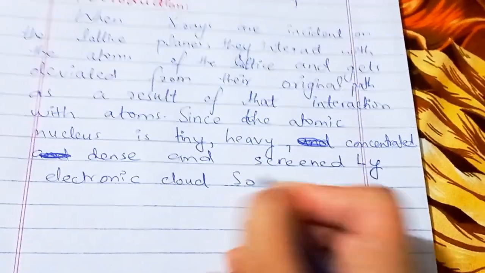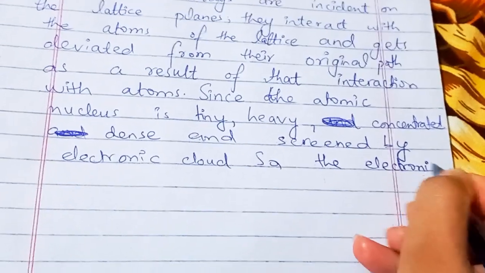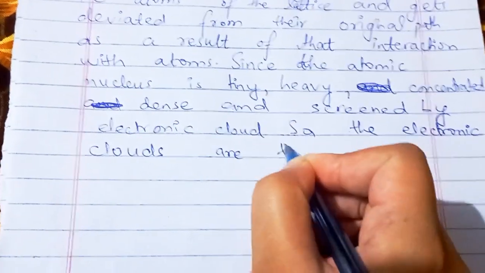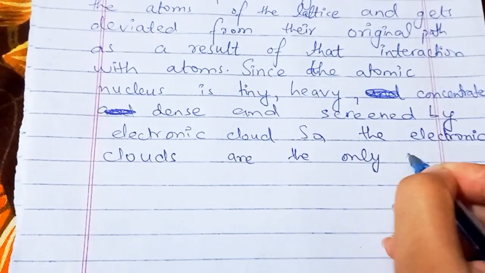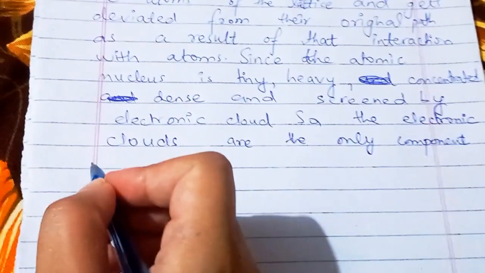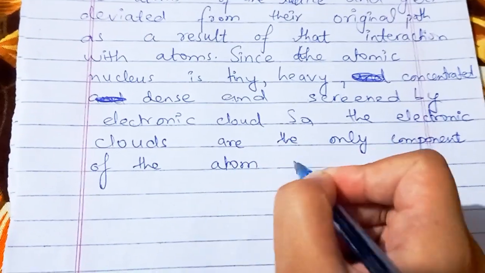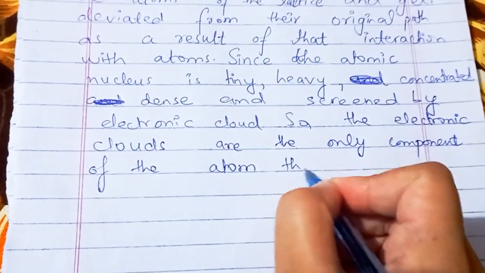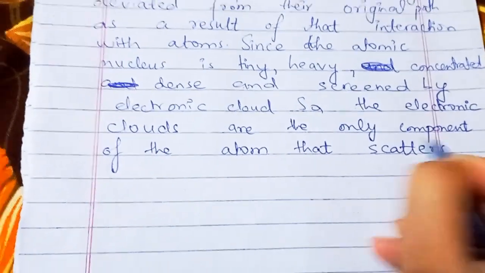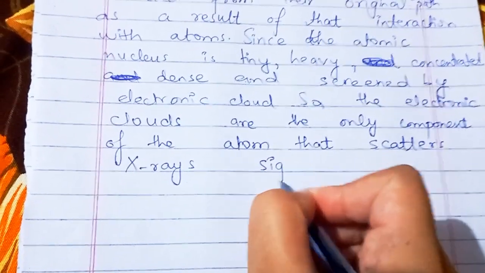So the electronic clouds are the only, or major, component of the atom that scatters X-rays significantly.